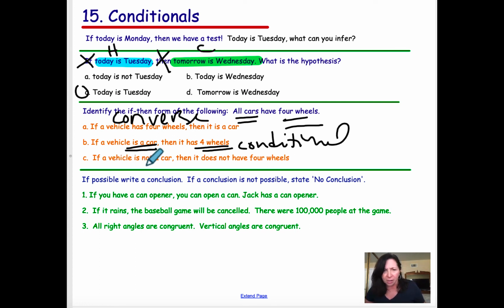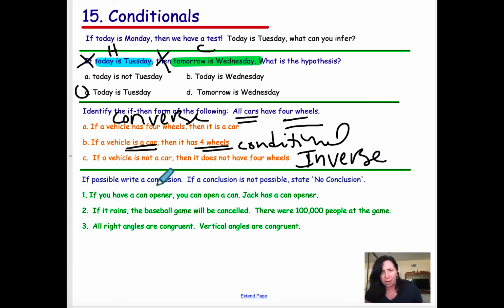This one, if the vehicle is not a car, then it does not have four wheels, is called the inverse. We started off saying if a vehicle is a car, then it has four wheels. If the vehicle is not a car, that's the inverse. It's the opposite: if it's not a car, then it doesn't have four wheels.